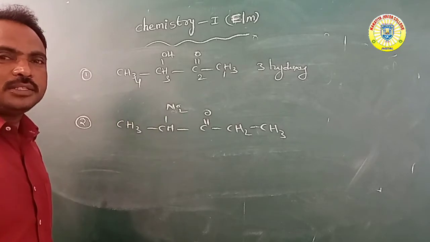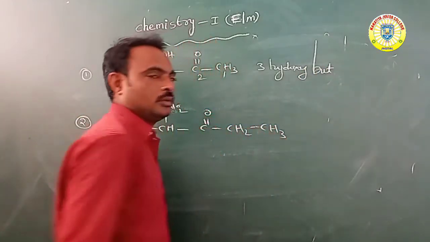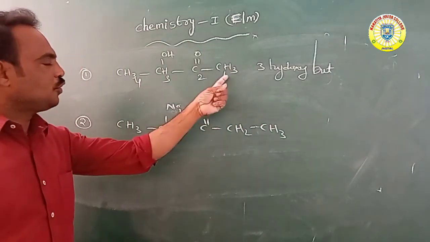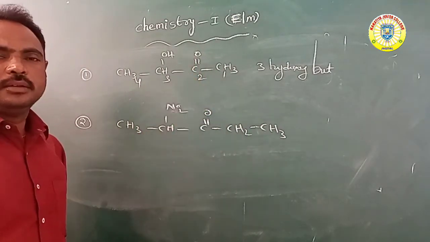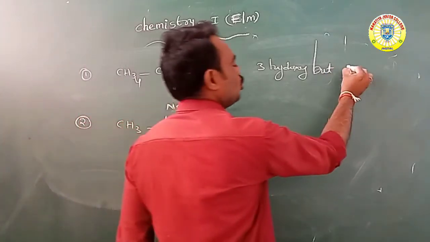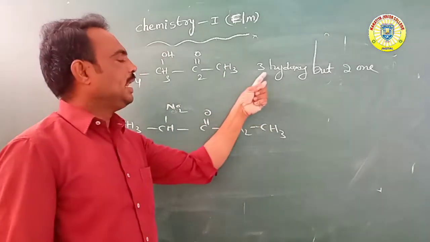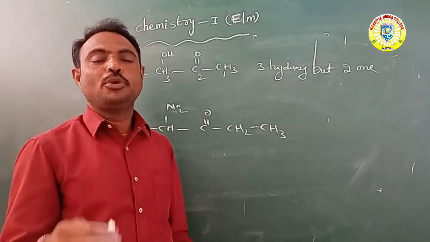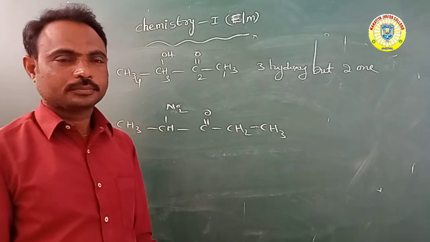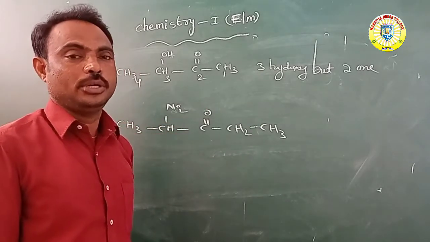Total how many carbons? 4 carbons, so we write but-. Next, the second carbon is attached with the ketone functional group, so 2-one, or it is also 3-hydroxy-2-butanone. Okay, 3-hydroxy-2-butanone.